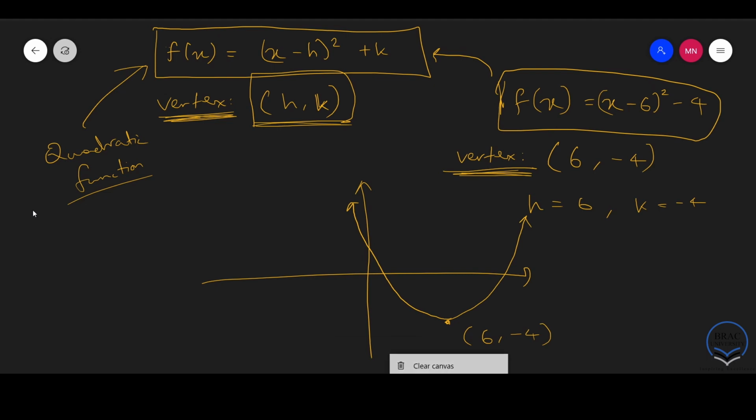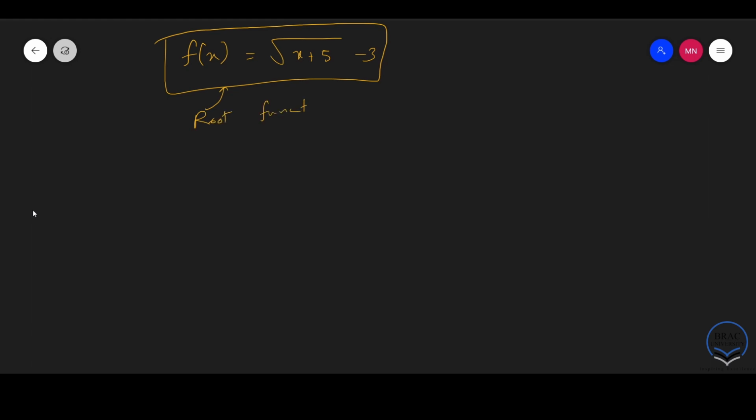right? So now let's take a look at another function. F of x is equal to square root of x plus 5 minus 3, right? So we're given a function such as this. Now, because of the square root, you can see that this is a root function. So it's some sort of root function.